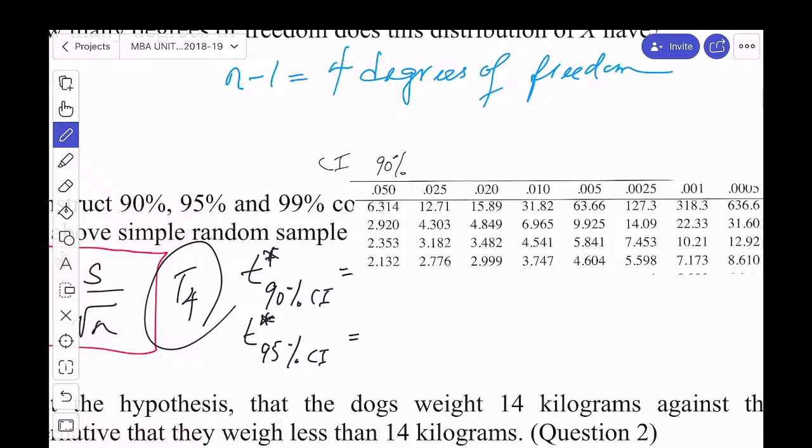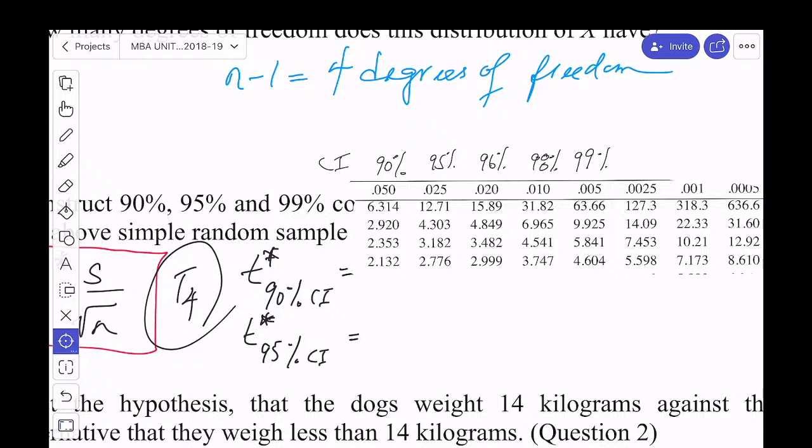And this one, if it's 2.5 on either side, is 95% confidence. And this one is 96% confidence, and this one is 98% confidence, and this one is 99% confident.